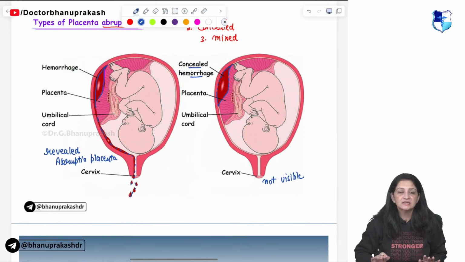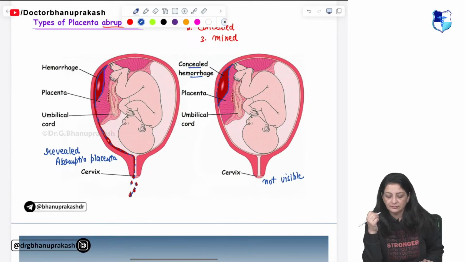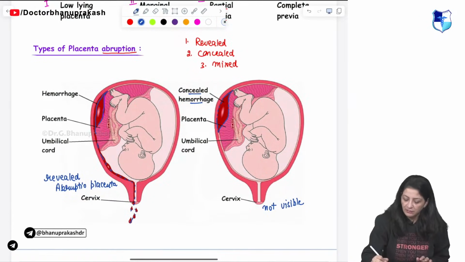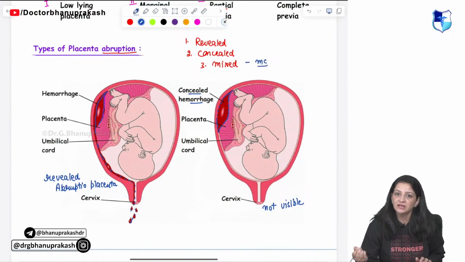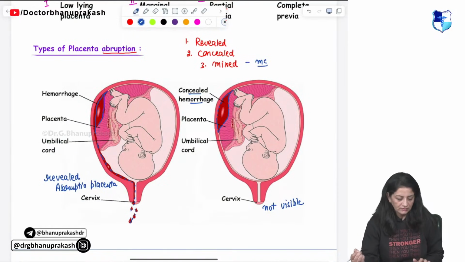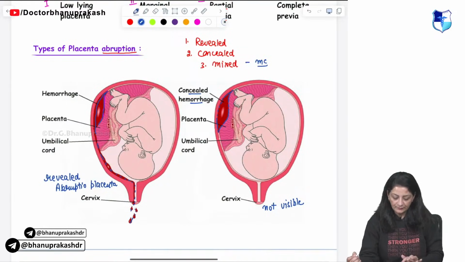So, this is a concealed hemorrhage, with retroplacental clots. In case of mixed, bleeding will be there plus retroplacental clot. So, 3 types of abruptio placenta.